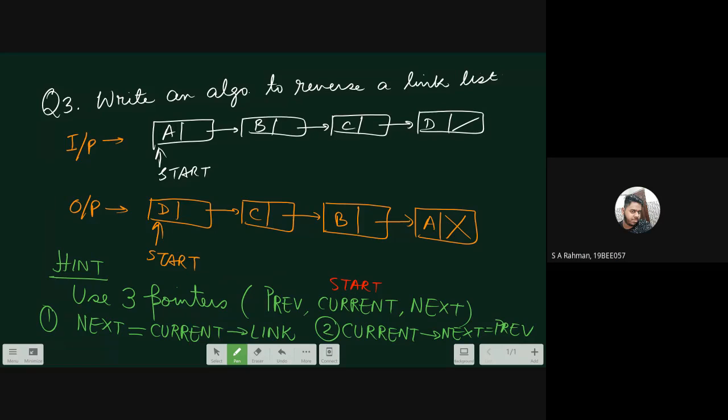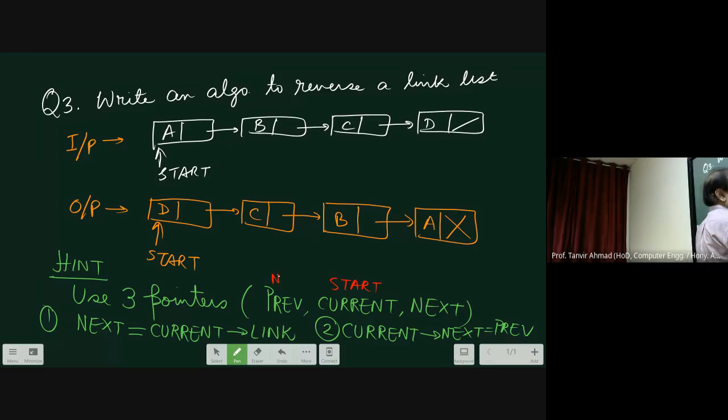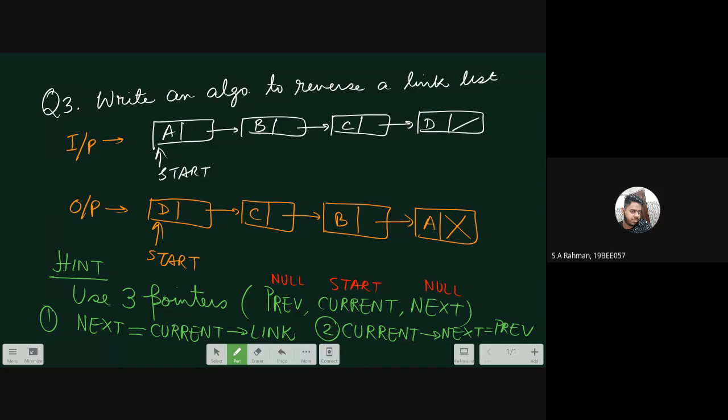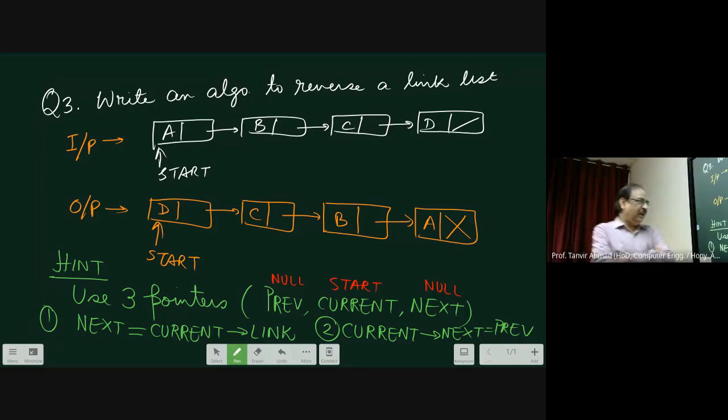Previous will initially contain null, and next will also contain null. Once you are going to current of link, this is not null. Current means the first node, which is the start. Those two are obviously used, but initially they will be put as null. And once you write this statement, next will point to the next node after current. And then you are going to move current over there.